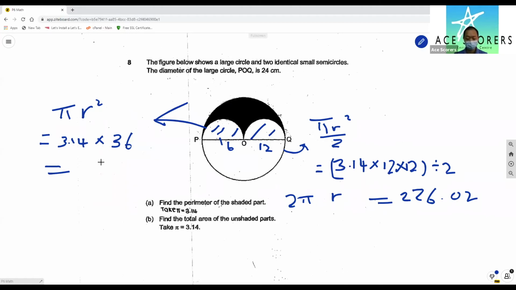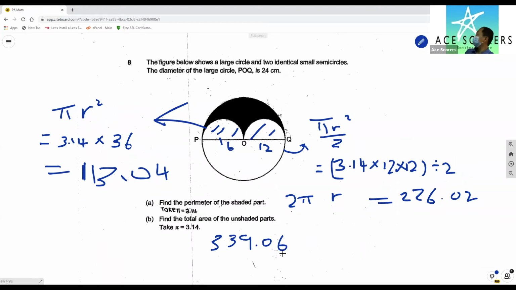That gives me 113.04. So I got 113.04 for the two circles, and these add together plus 226.08 gives 339.06. Okay?